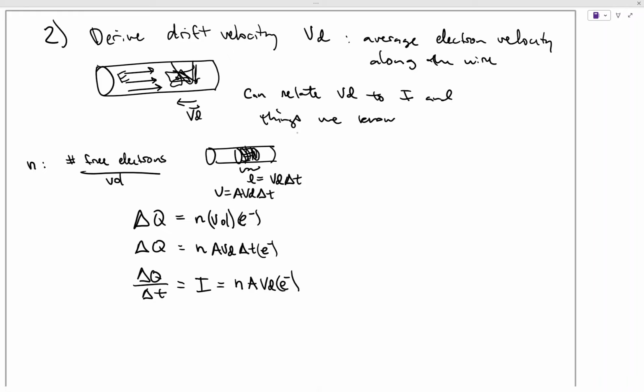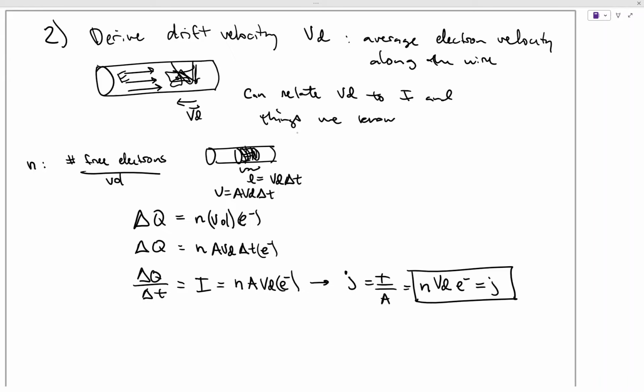Then we can put this in terms of the current density by dividing out A. So J, which is I per A, is n Vd times the charge of the electron. This is what we're after: an expression that contains the drift velocity in terms of the number of free charge carriers, little n, the charge of the electron, and the current density.